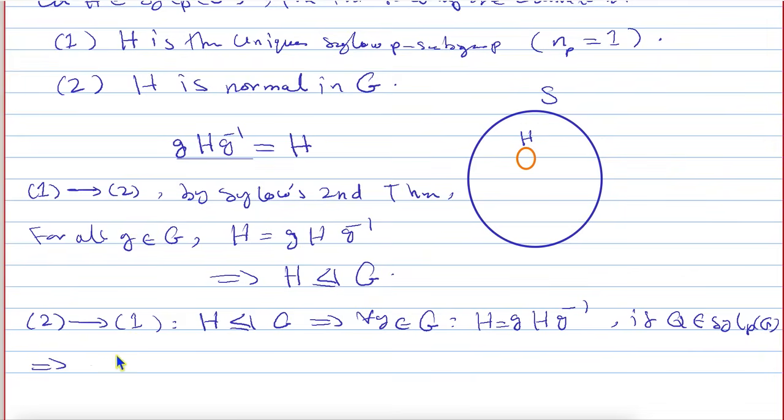So Q equals xHx inverse for some x in G. But H is normal, so xHx inverse equals H, which means Q equals H. So there is always a single Sylow p subgroup in case H is normal.